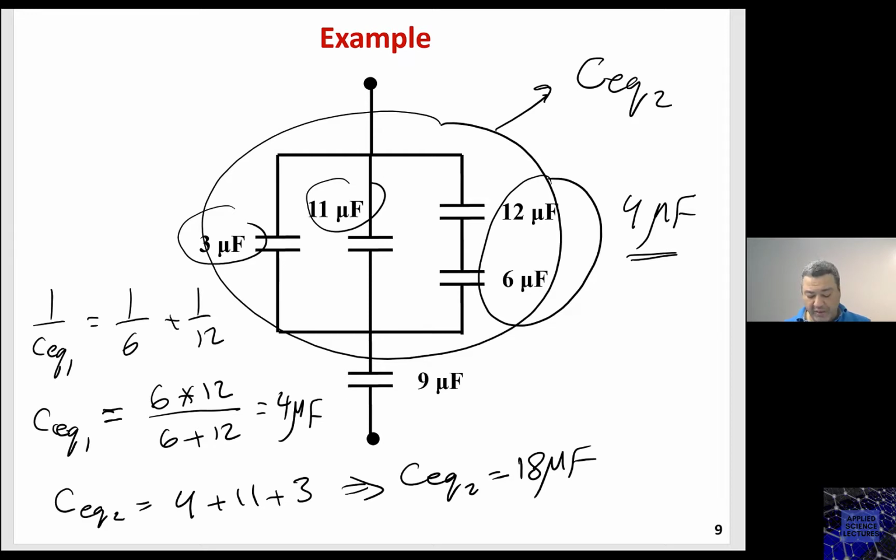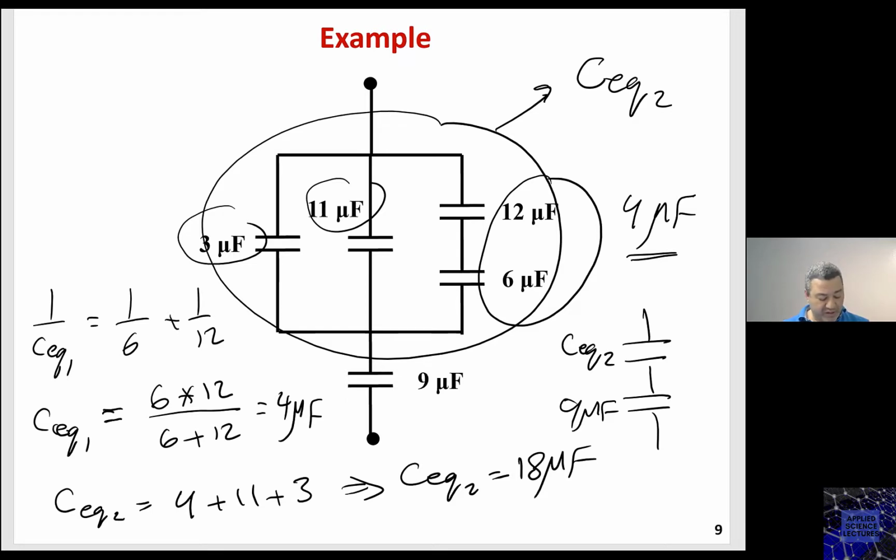Now this C equivalent 2 is connected in series with the 9 microfarads.